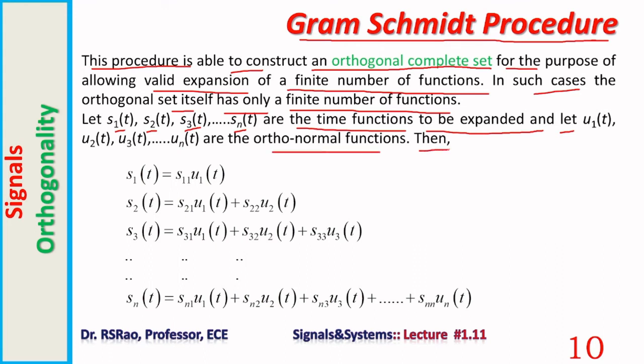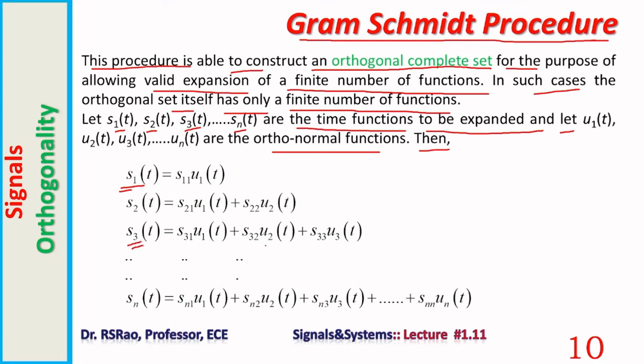Then according to Gram-Schmidt procedure, S1 can be written as S11 u1 of t. S2 of t can be expressed as sum of two functions. One is S21 u1 of t, second one is S22 u2 of t.